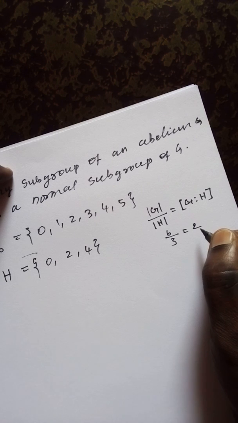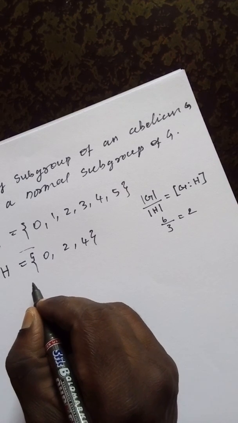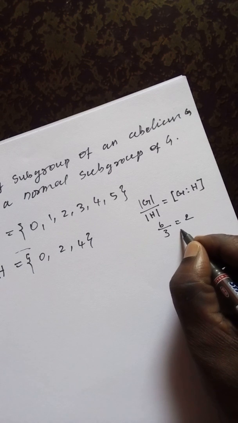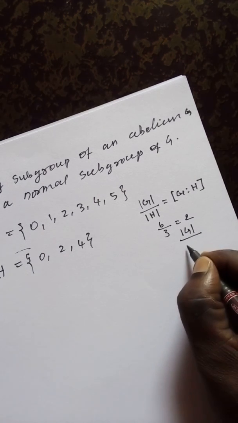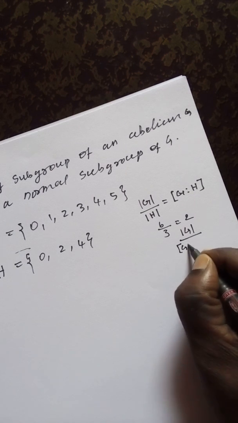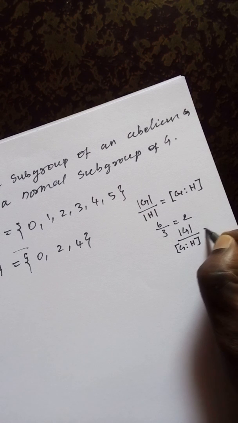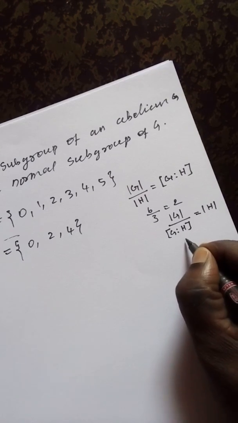That means the index of H is 2, or you can write it like this: the order of the group G, the index of the subgroup, the number of elements, the cardinality of the subgroup.